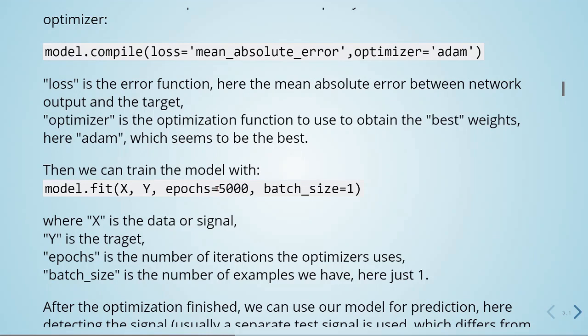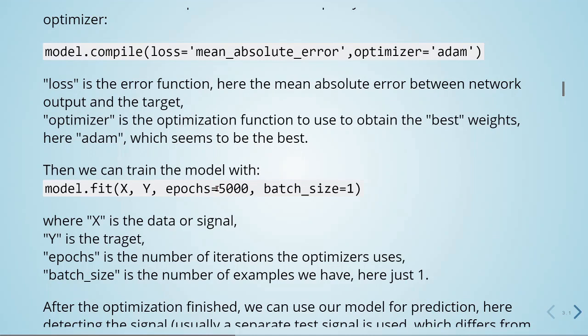So epochs is the number of iterations the optimizer will use, and batch size is the number of examples that we will have. In our case here it is just one, but the batch size determines how the update of the weights will take place, and the epochs is the number of passes.